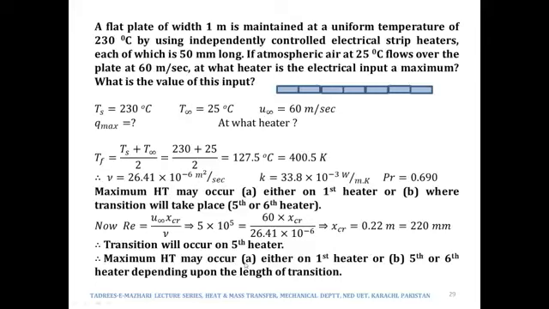Now this is what I have written over here. So the maximum heat transfer may occur either on the first heater if the condition exists that I have just discussed, or it would be on the fifth heater if the flow is changing from laminar to turbulent through that transition period.